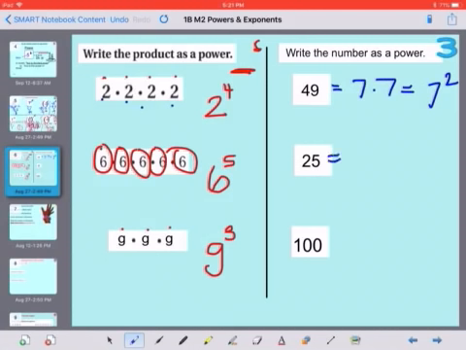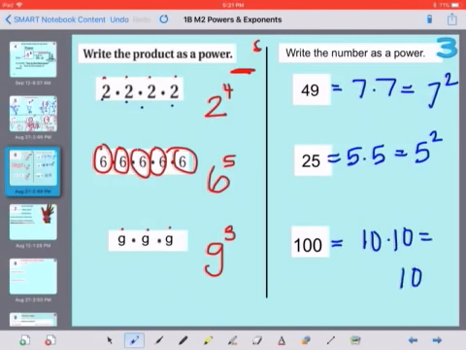What number multiplied by itself gives you 25? Well, 5 times 5 is 25, also known as 5 to the power of 2. Then 100. Think about this one. What times itself gives you 100? Well, 10 times 10 is 100. So that we can rewrite as 10 to the power of 2.